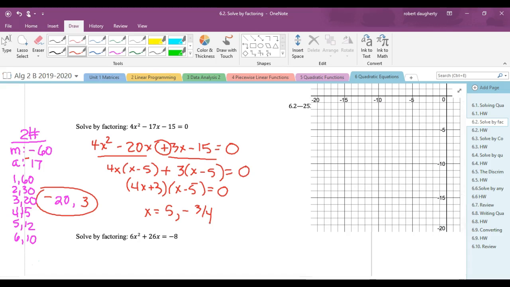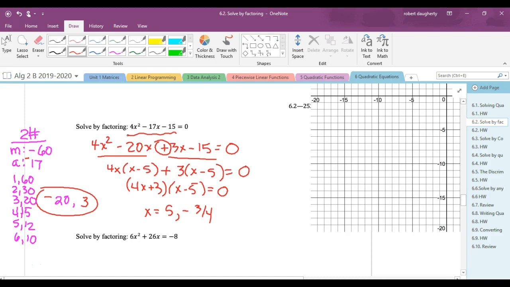Now this is the graph of a what? This right here. This is a what? When we graph it, it's a parabola, okay? This is when you set it equal to 0. When you set it equal to 0, you're finding the what for this parabola? The x-intercepts, when y is equal to 0.